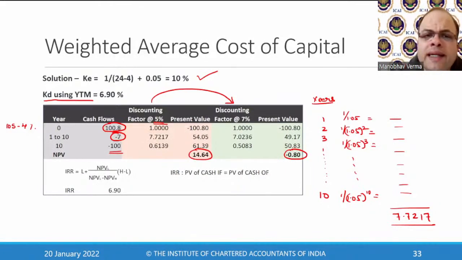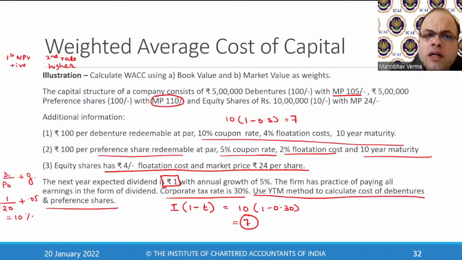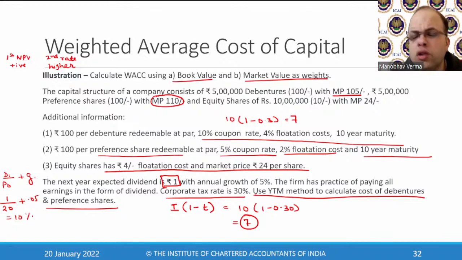And now the point is the main question. We had to calculate the WACC using the book value and also the market value as weights. So we're talking about both. First, let's talk about book value, guys. What is the book value weight? 5 lakh debentures, 5 lakh preference shares, and 10 lakh equity shares.